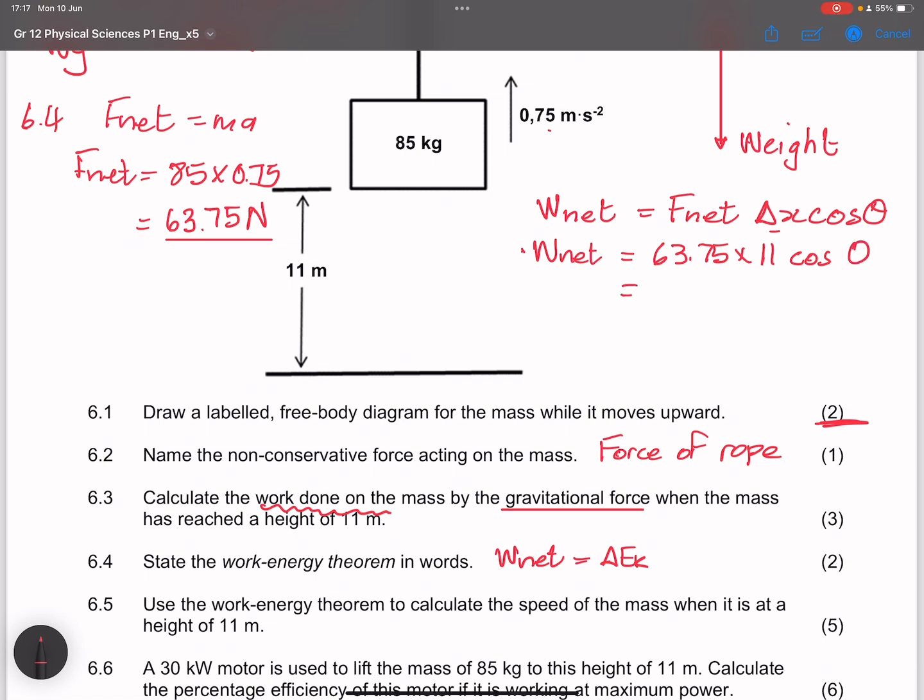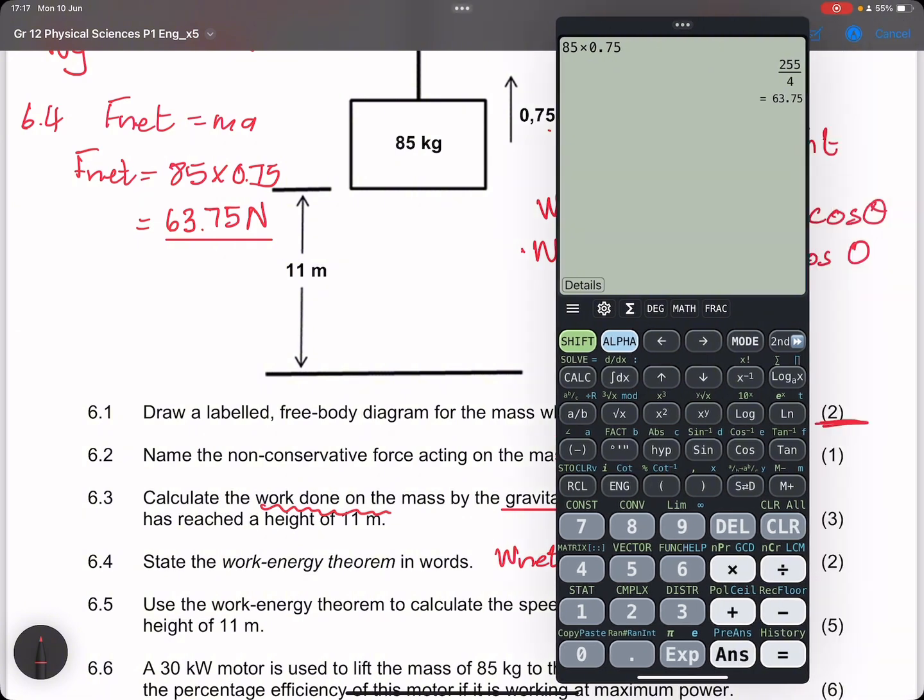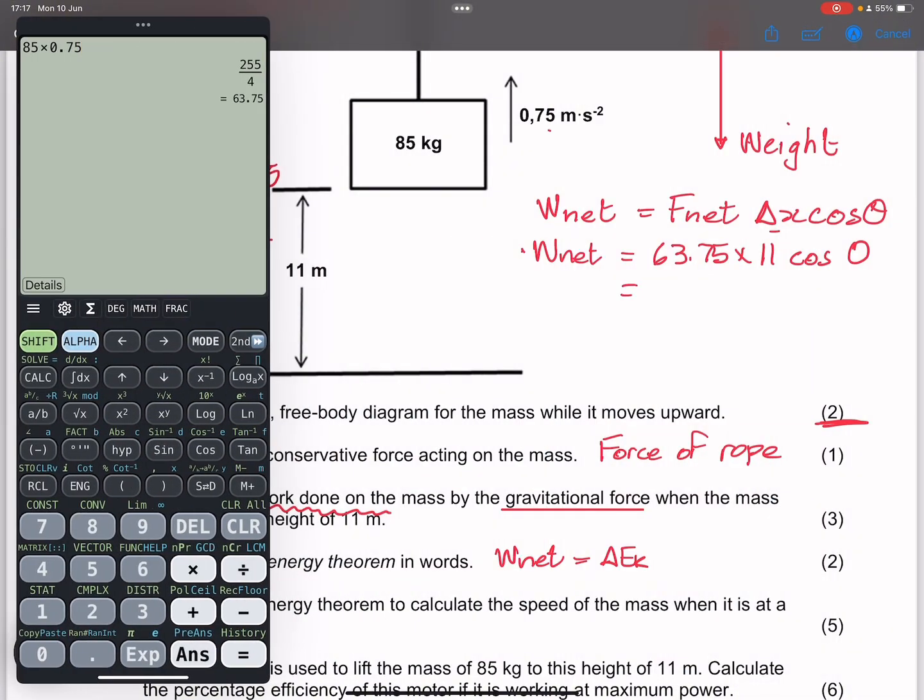Therefore we get 63.75 times 11, so I get 701.25.